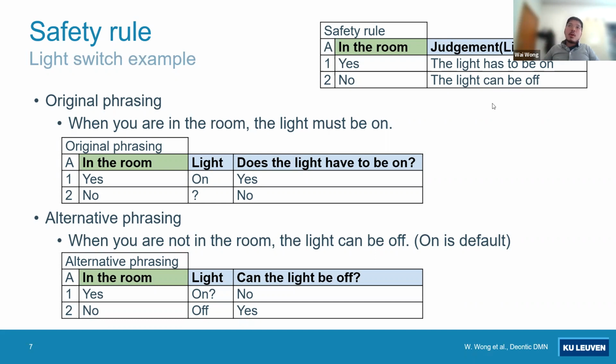Later on, we will see that this causes some difficulties, because if you have multiple tables and you want to reason over them together, the computer cannot immediately know the relationship between what it can be or has to be, unless you specify the relationship and reason with that.